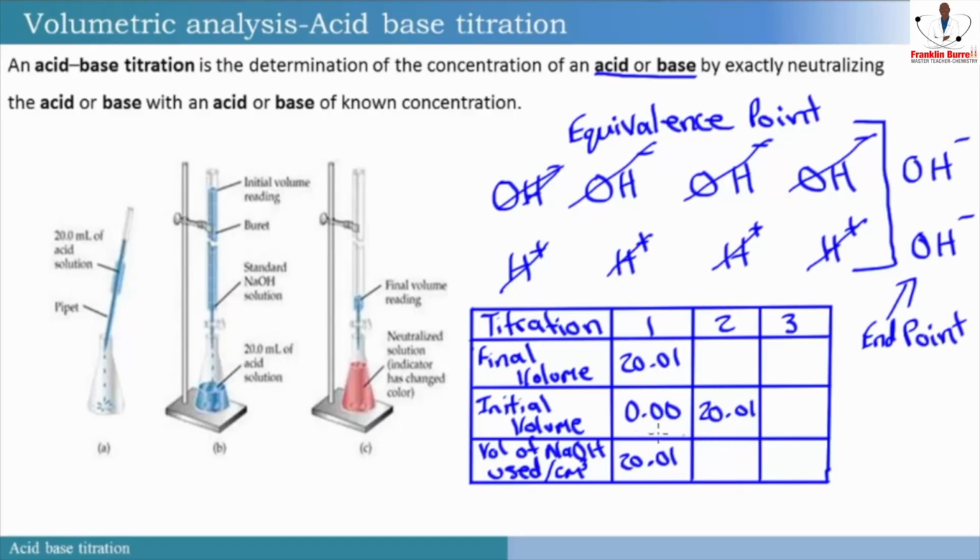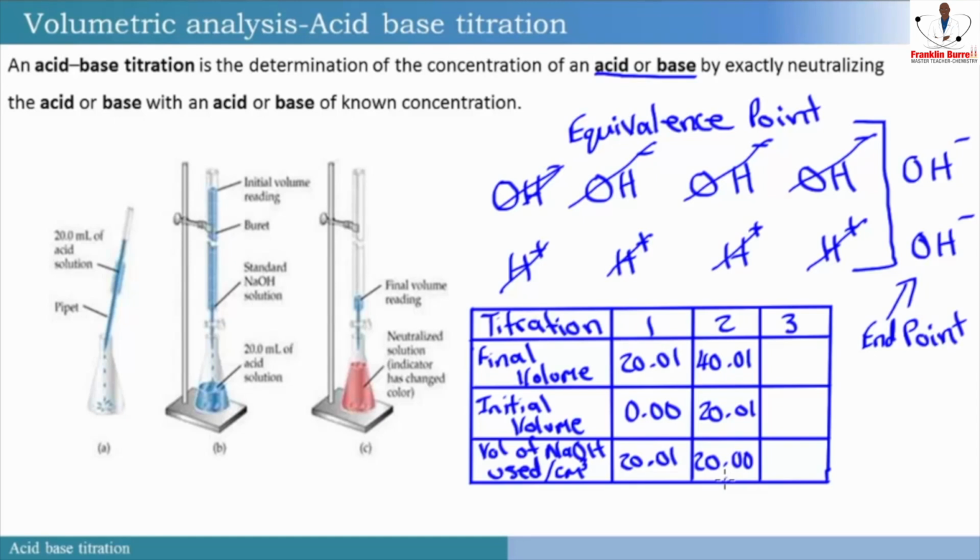Now let's run our volume from 20, which should now be our new initial volume, and let us say we reach a volume of 40.01. Now the volume used would be 20.00. So my first titration, which is my rough titration, which tells me where the volume would most likely be, is 20.01.